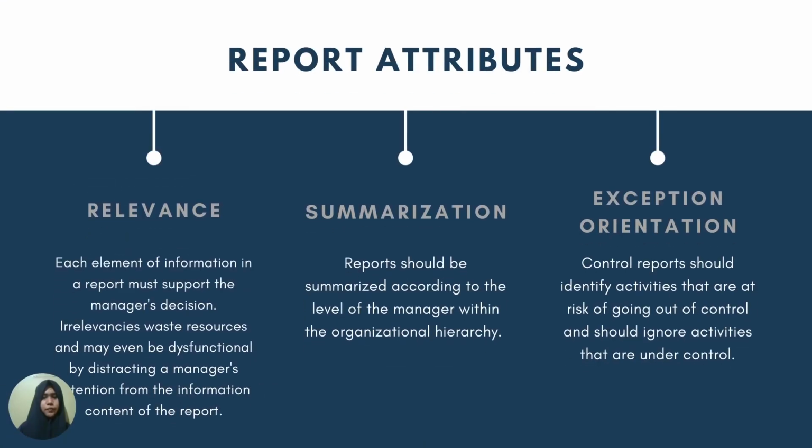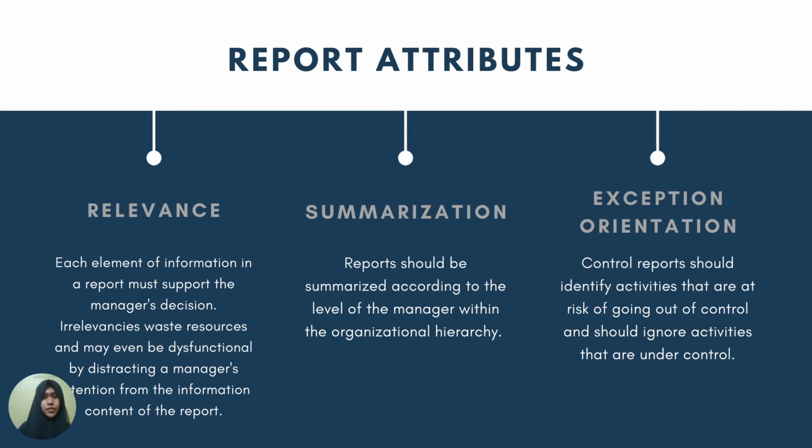We also have report attributes to be considered in order to have an effective management report. We have relevance, summarization, exception orientation, accuracy, completeness, timeliness, and conciseness. So a report that is relevant contains information that supports the manager's decision.